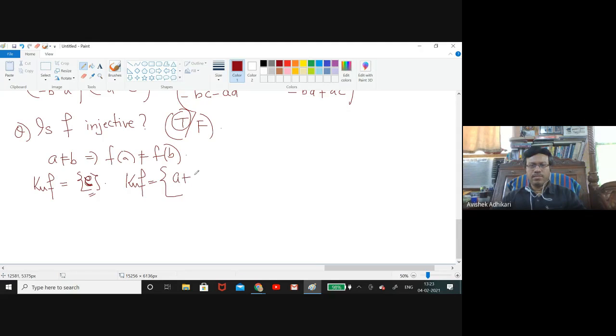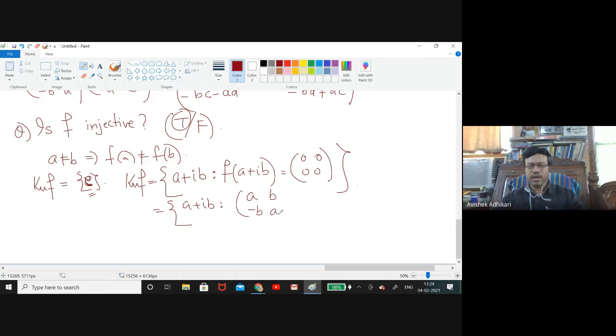What is the kernel of f? All such a plus ib such that f of (a plus ib) must be the zero element here. What is the zero element? The zero matrix, (0, 0, 0, 0). So that means a plus ib such that the matrix (a, b, minus b, a) must be equal to (0, 0, 0, 0). Then what is its implication? a and b must be 0, 0.